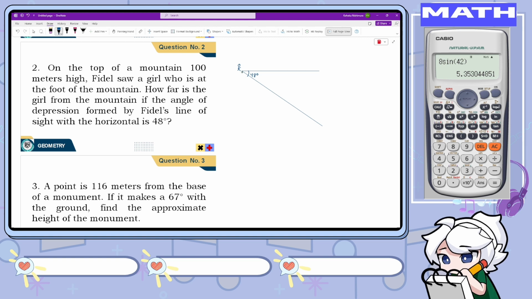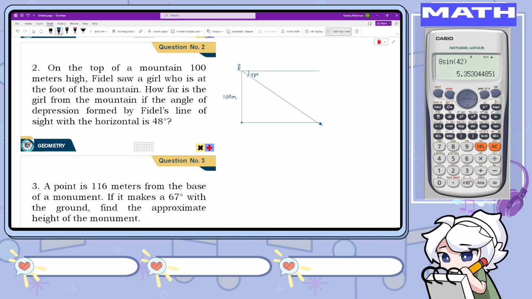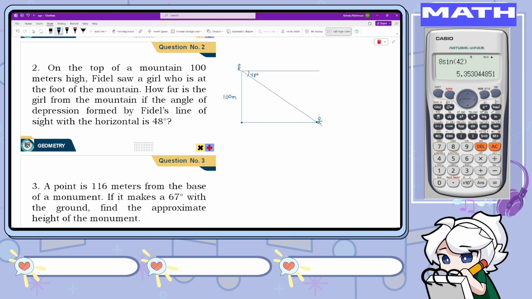We also have another given: the height of the mountain is 100 meters, so it's this one. But we are being asked how far apart these two points are, meaning how far the girl that this person saw is from this mountain.